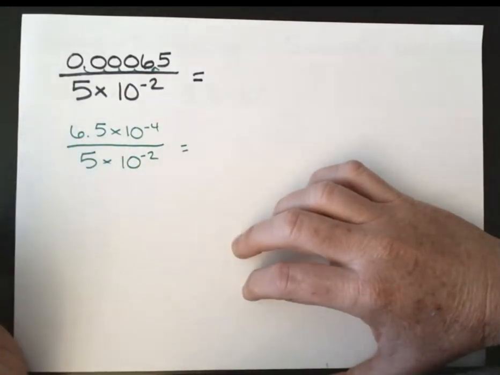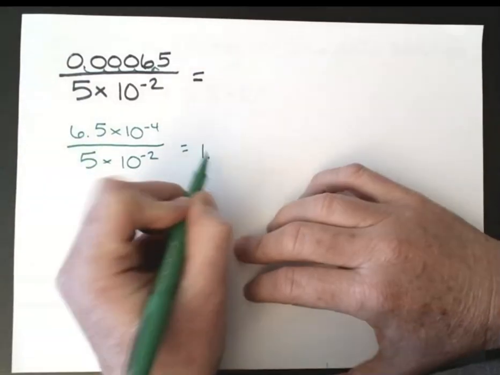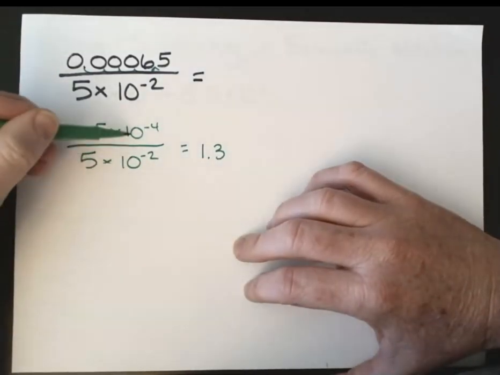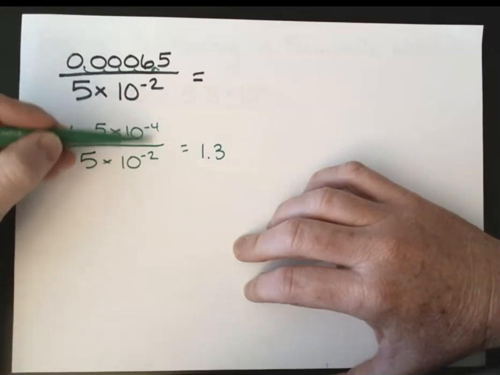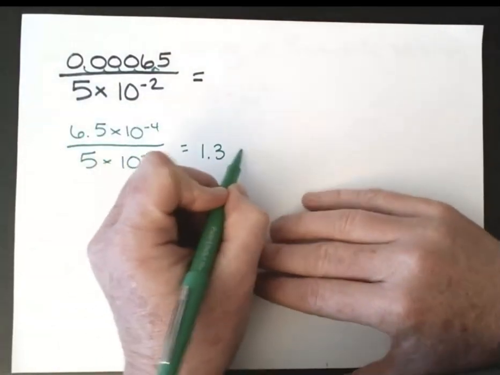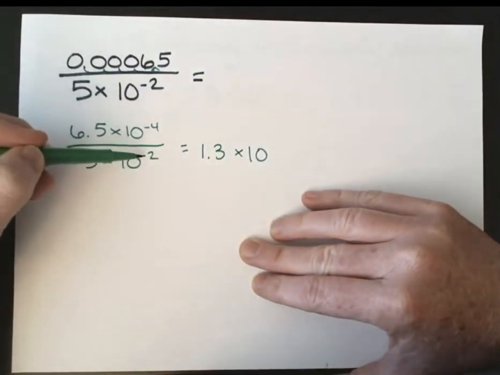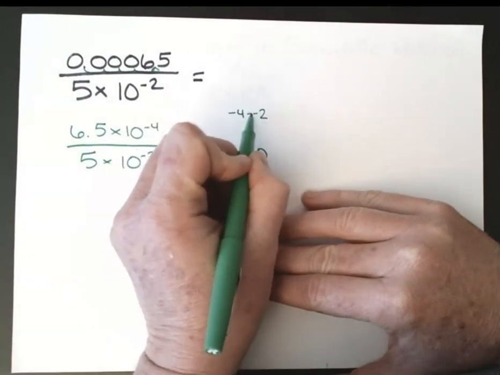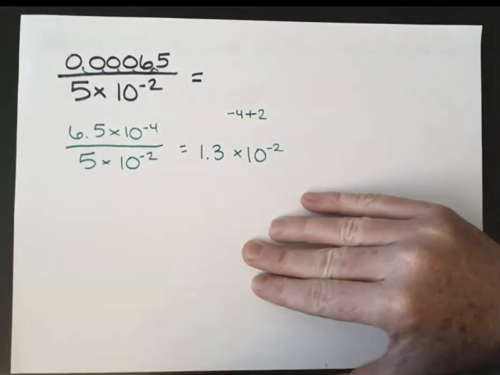So 5 goes into 6.5. We divide. 6.5 divided by 5 is 1.3. And then what do you do when we have bases that are the same and we're dividing? We subtract these. So this is going to be times 10 to the negative 4 minus a negative 2. Right? I have negative 4 minus a negative 2. It's going to be negative 2.